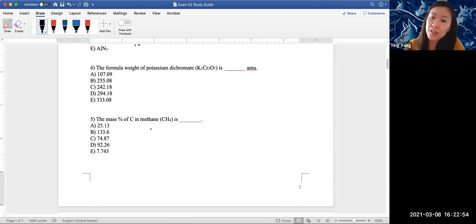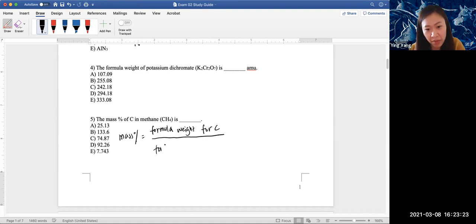Okay, so this is kind of derived from calculating the formula weight, but you have to do one more step to calculate the mass percentage. Now, to do this, you need to find out the formula weight. The mass percentage equals the formula weight for carbon divided by the formula weight for CH4, right?